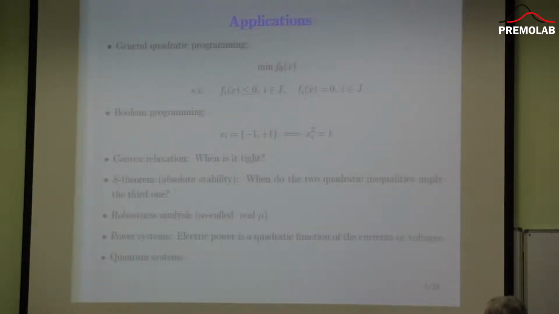You see that we deal with equality constraints for quadratic functions as well as inequality constraints. And it's very common in discrete optimization, where the assumption that a variable is Boolean is equivalent to a quadratic constraint.